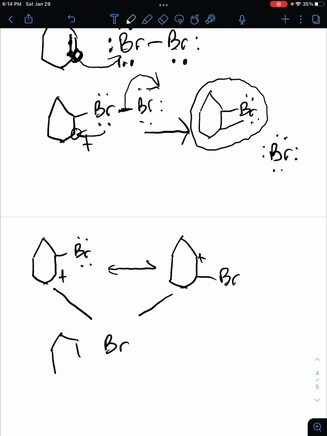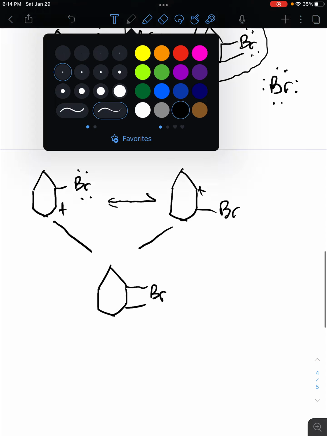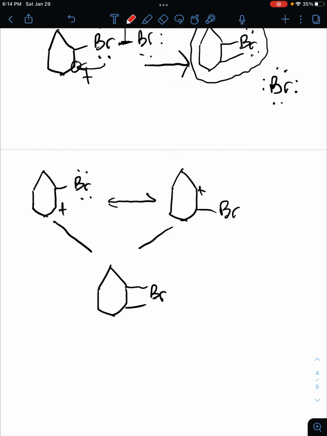Let me erase that. So we'll have this bromine, and what you're going to have here is a positive charge. Remember, electrons only flow towards a positive charge.